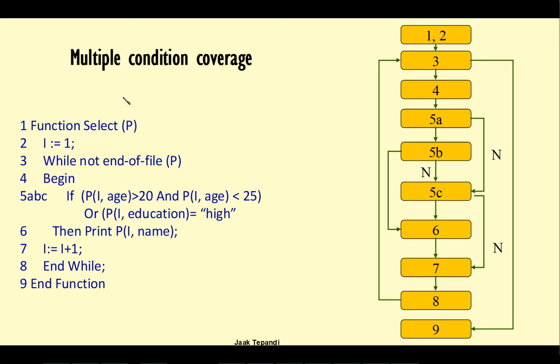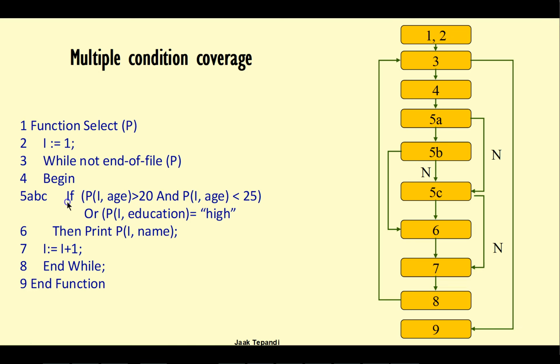In this coverage criterion, we take advantage of noticing that a single condition, if it includes multiple subconditions, may be considered as a multiple branch program.